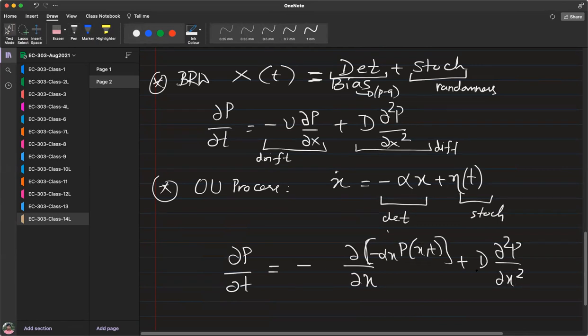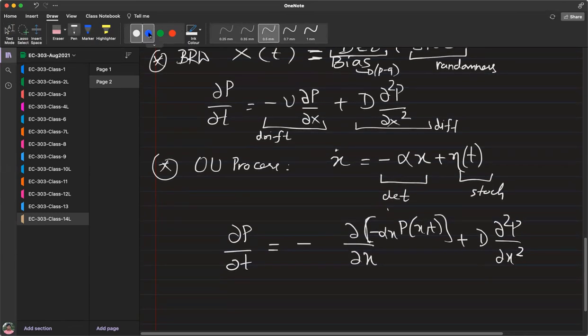This is a bit of a leap I have made because I did not want to go through the entire mathematical proof.